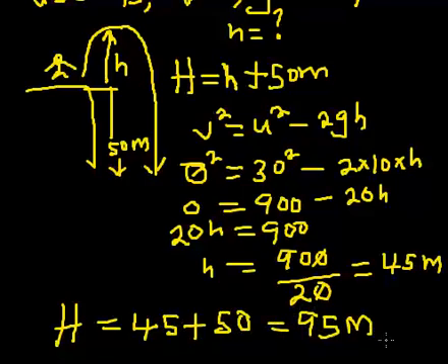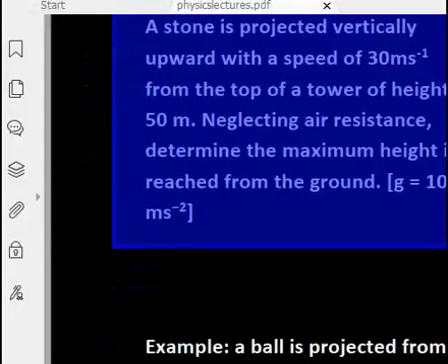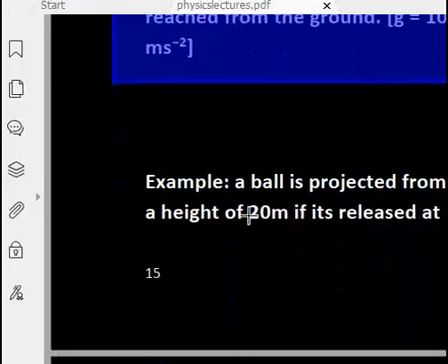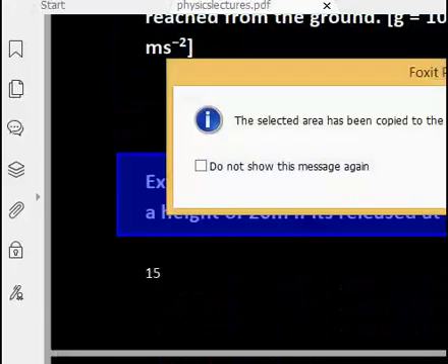Yep, as simple as that. Okay, let's proceed. If you just know how to apply this, you're good to go. I got another question, and that will do justice to it.